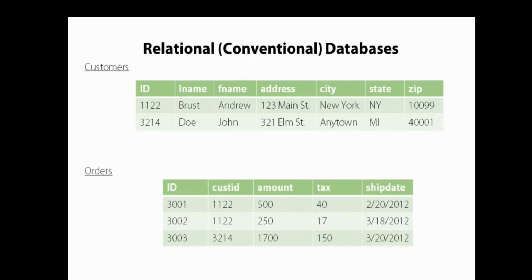I skipped over one field though, that's the customer ID field, and if you look at the numbers in those fields, you see that they reflect the same numbers that we saw in the ID field of the customers table, which is to say that those first two orders belong to customer Andrew Brust, and that third order belongs to customer John Doe. There's a one-to-many relationship between customers and orders, and that relationship is explicit and managed by the database. So again, this is an inventory of where we are with conventional databases.